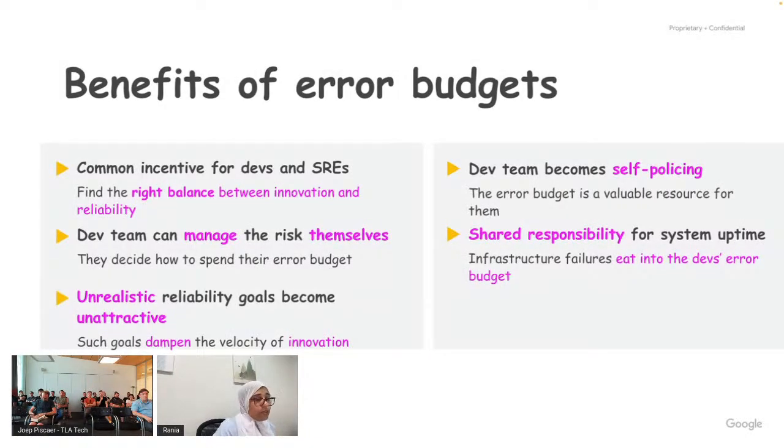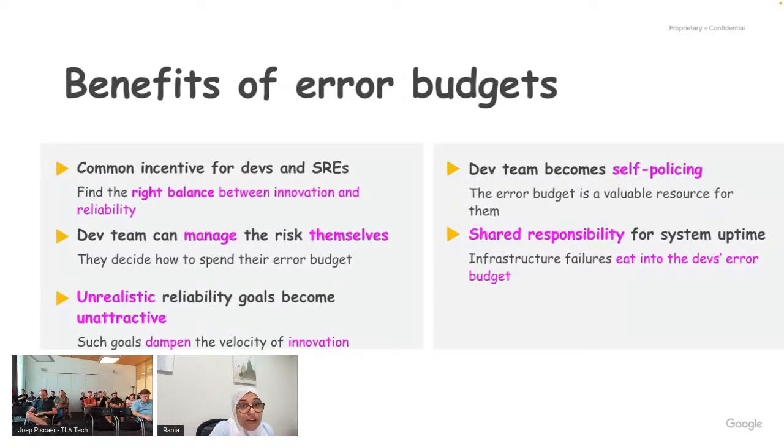So going back to DevOps, let's see how error budgets really benefit DevOps and DevSecOps. First of all, because we are defining a budget for the error, this means that we are putting a common incentive for both the SRE team or the DevOps engineers, as well as the development team.